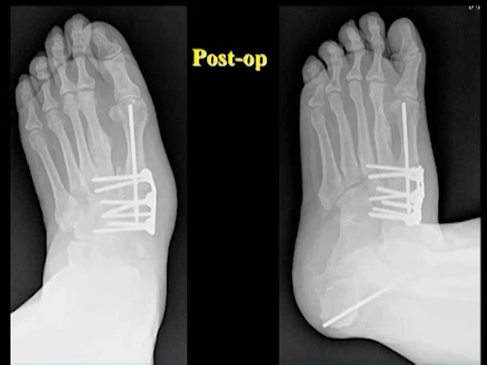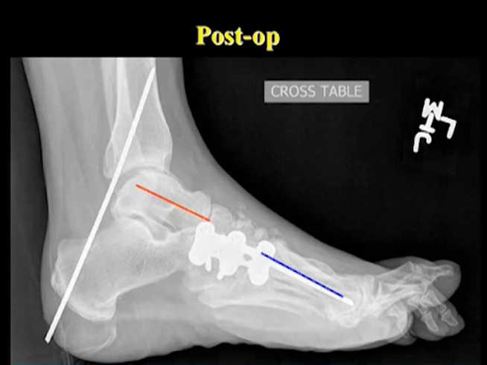So this was fused with some internal pin fixation along with locking screw and plate fixation. You can see nice restoration of the alignment of the Meary's angle postoperatively. A temporary extra-articular ankle arthrodesis pin was placed for stability of the ankle correction after gastrocsoleus recession.